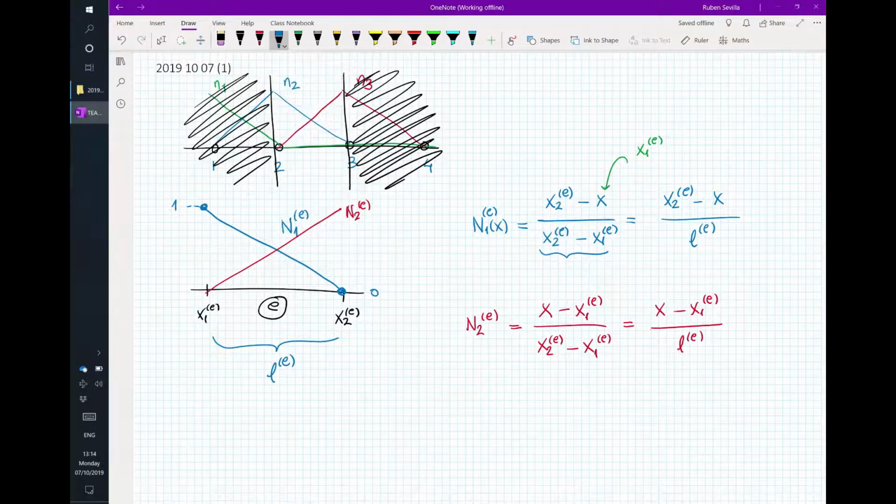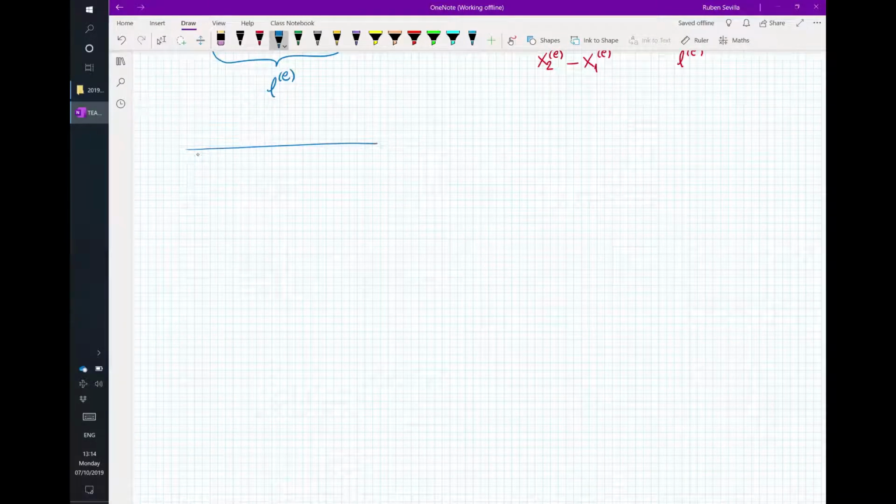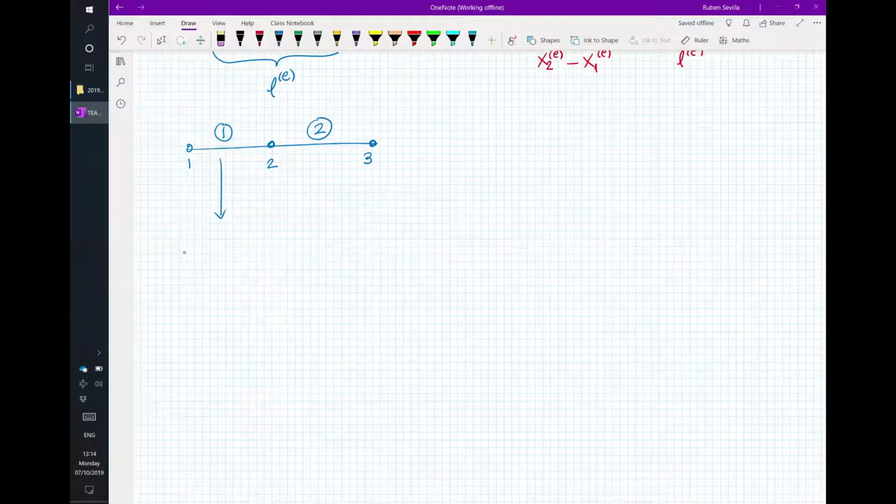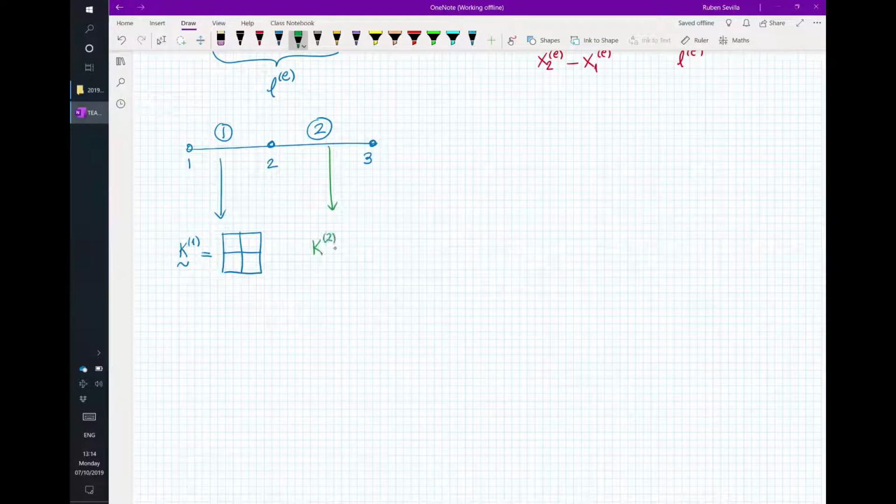But what I'm saying is, if you have your bar with, let's say, 2 elements, element number 1, element number 2, for element number 1, we are going to compute one stiffness matrix, which is going to be a matrix of 2 by 2, because you have 2 nodes in an element. For element number 2, you will compute another stiffness matrix, which will be 2 by 2 again.